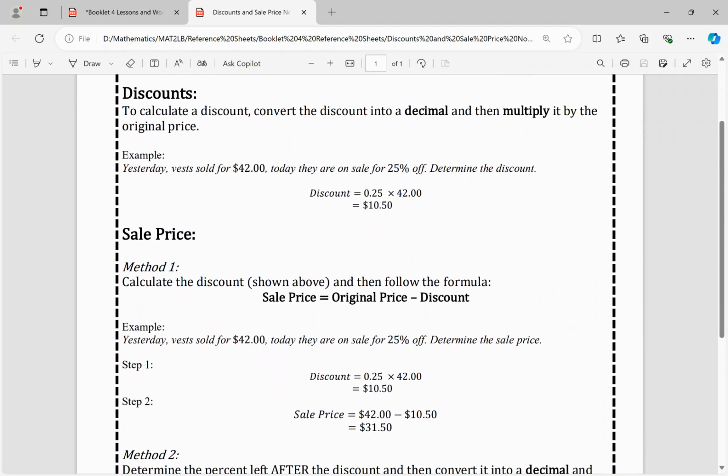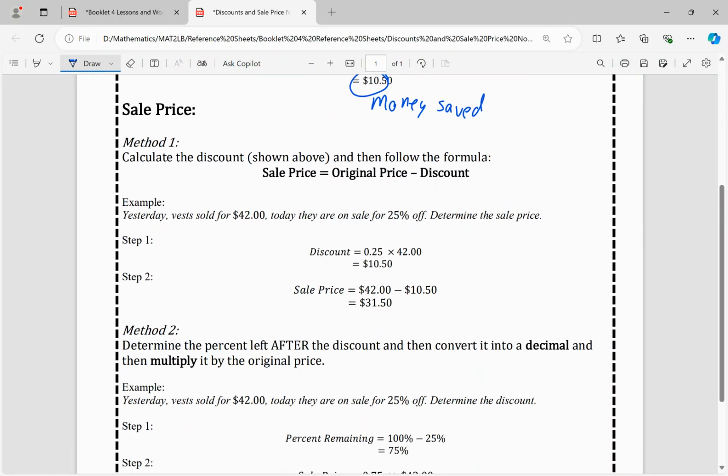We talk about how multiplying the percentage by the price gives us the amount of money saved. We talk about how the first strategy is taking the money saved and subtracting it from original.